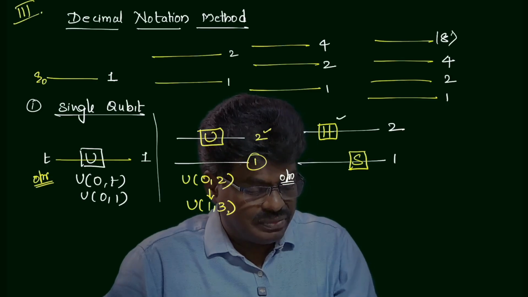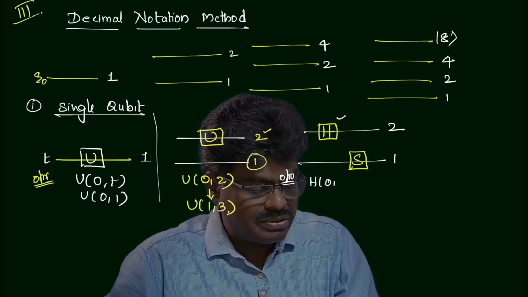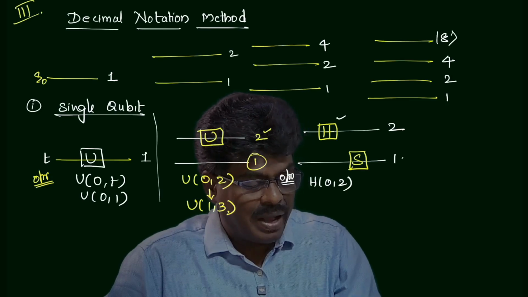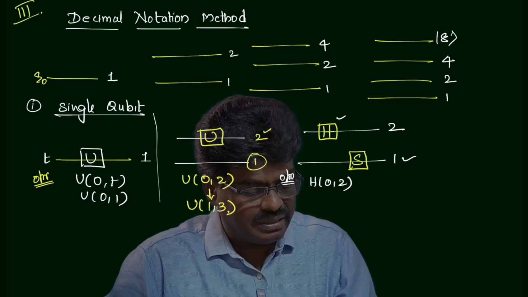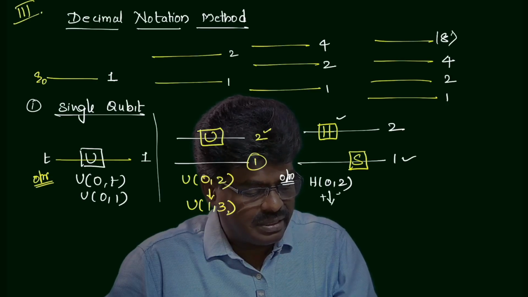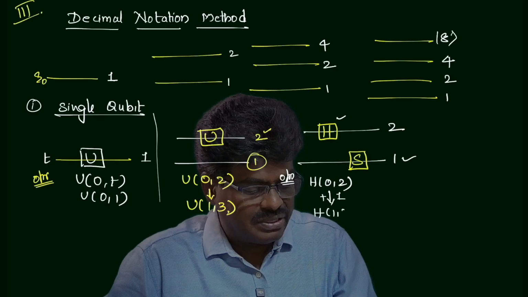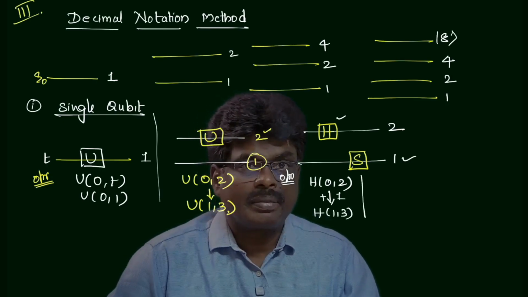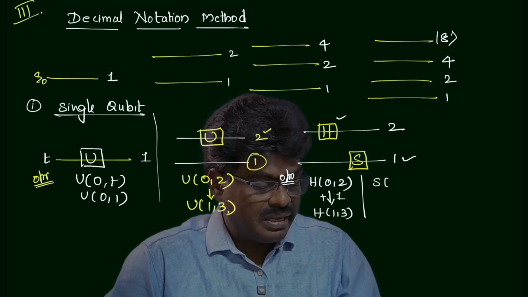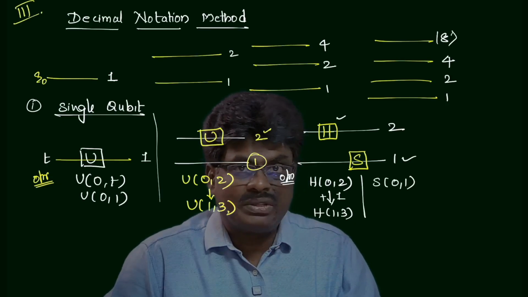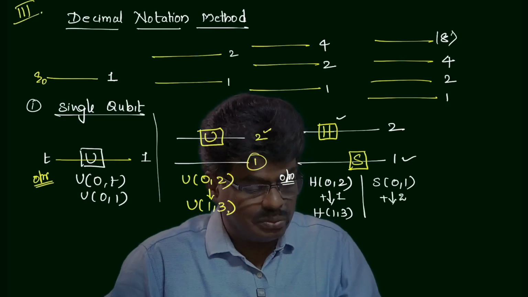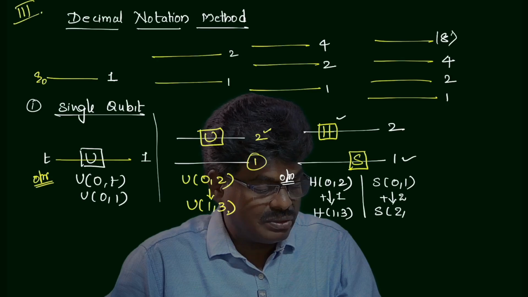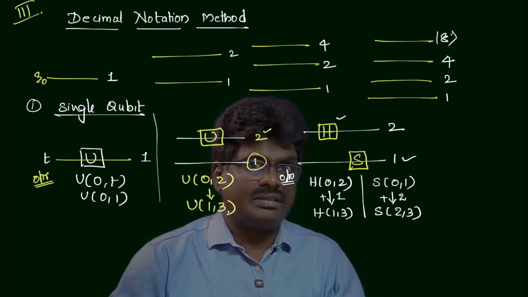Okay, so here the operations, you can take H first, no issue. H of 0 comma 2, and you have to add this one, H of 1 comma 3, I will write like this to understand more clearly. Next you can take S, this is on 1, that's why 0 comma 1, and here we have to add the remaining 2, that is S of 2 comma 3, like this.